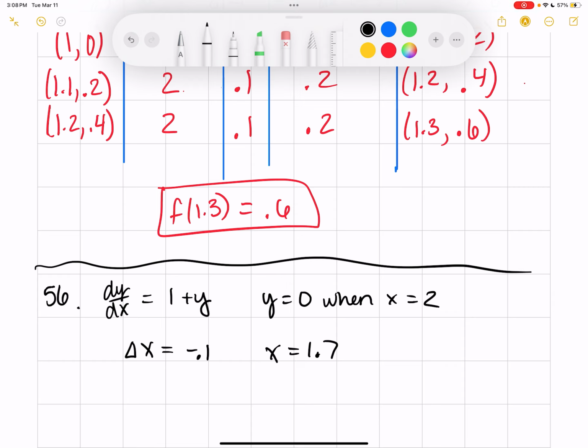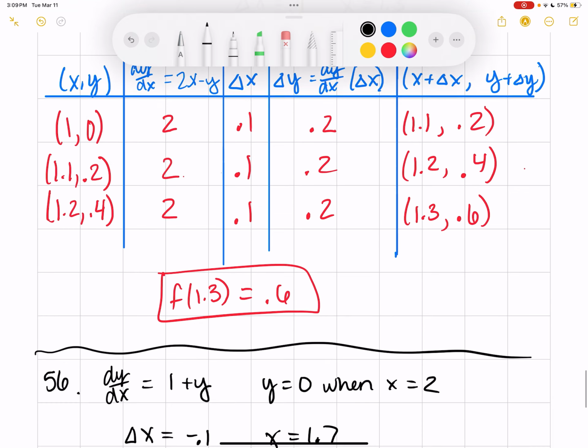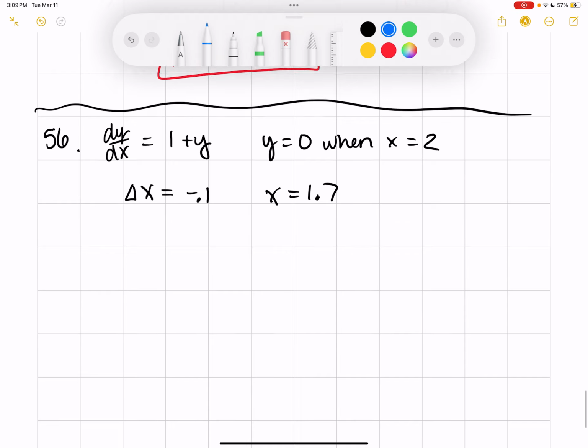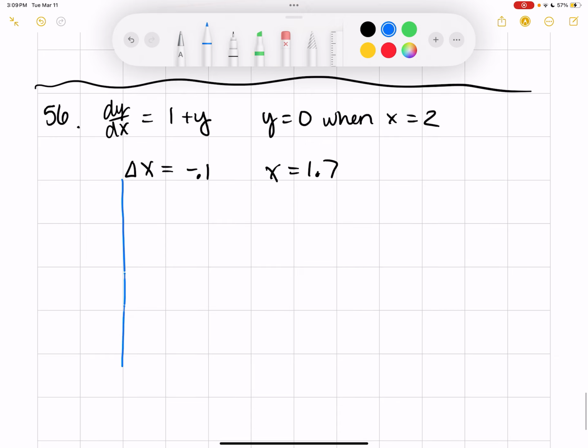This is the one where we might need a calculator because the numbers are a little weird. They're not as pretty as these numbers were. Here we go. Try again. And this one's still going to be 3 rows plus the top title, so 4 total. Same things on the top, basically the same stuff except for the dy/dx one.